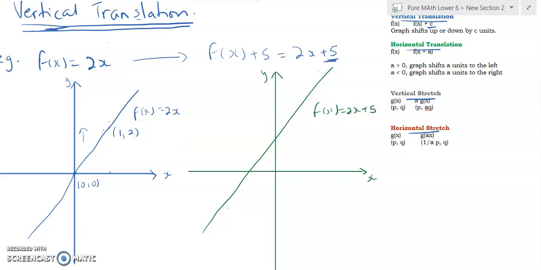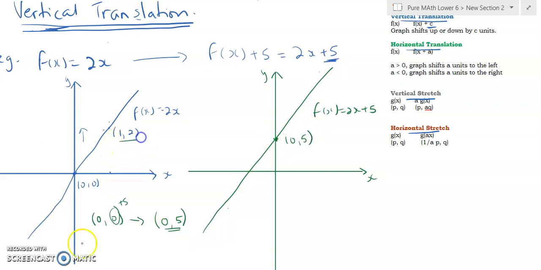Now, how did I get this? I took a point on my first graph, (0, 0), and I'm going to add 5 to the y value. I remain with the 0 for x, and 0 plus 5 is 5, so the new point is (0, 5).